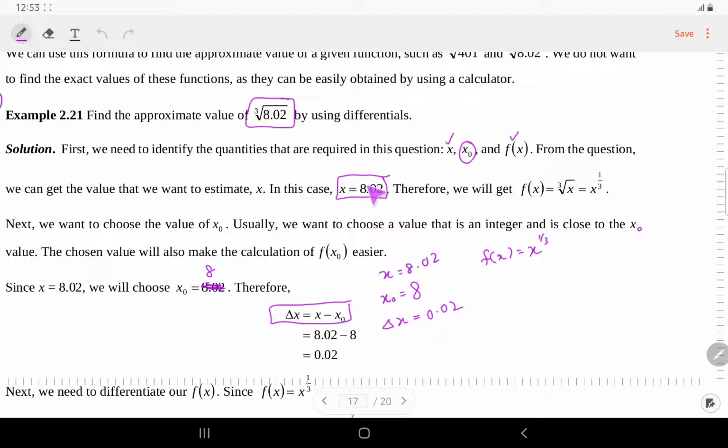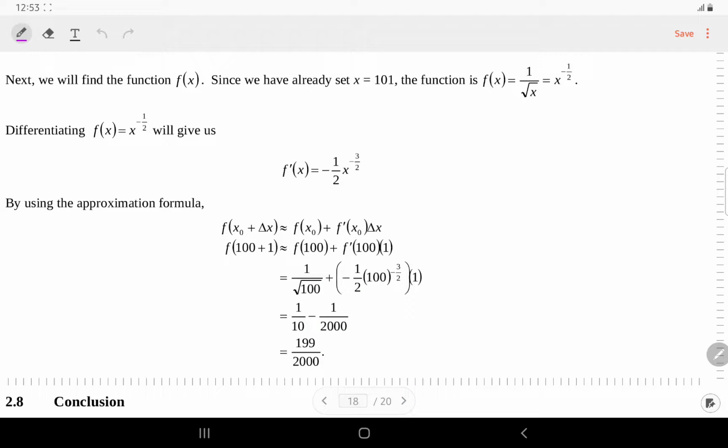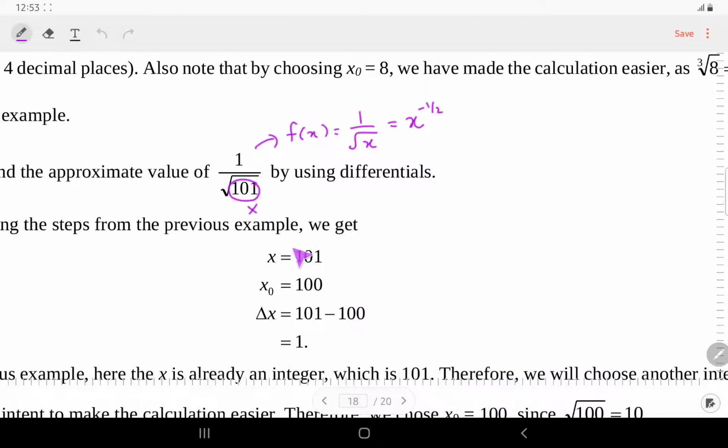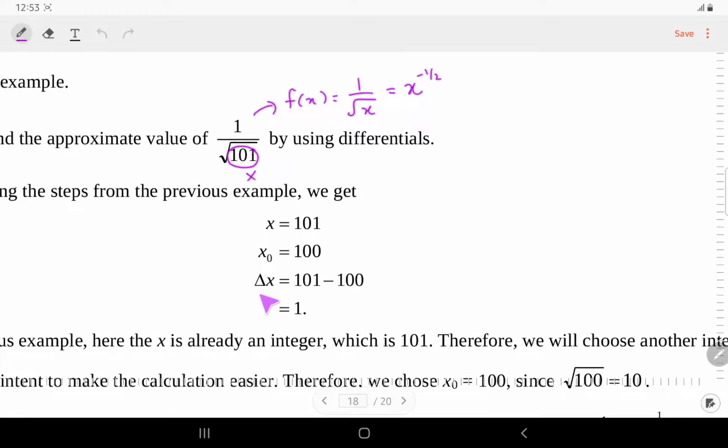We only take the integer part. But this time, our x is already an integer. So what will be our x naught? We can choose our x naught as 100. So our x is 101, x naught is 100, and we subtract the two. So our difference x is 1.